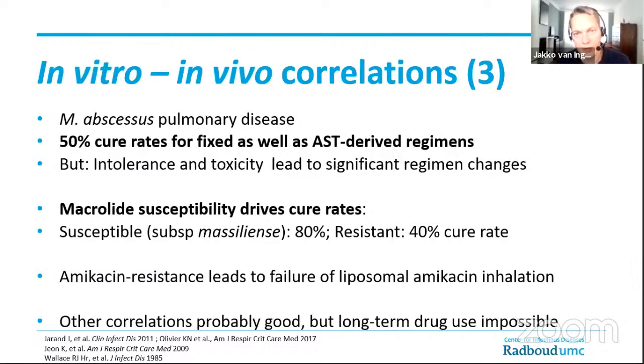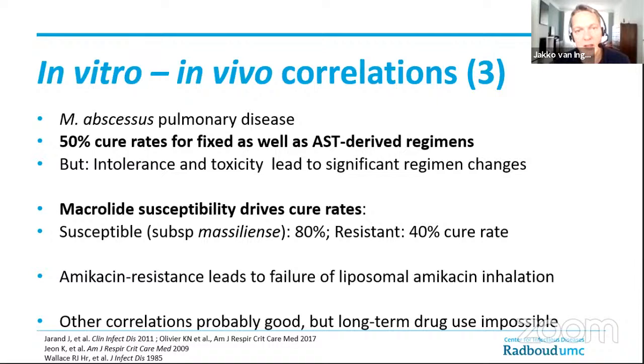But what we've learned from in vitro, in vivo correlations is obvious. So the cure rates, as I said, are very, very low, up to 45 to 50% across cohorts. And that is similar in patients in whom treatment was completely guided by drug susceptibility at the start, and those who received fixed regimens.